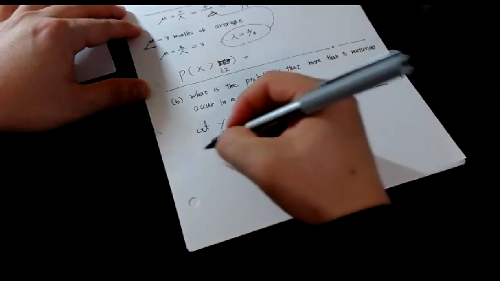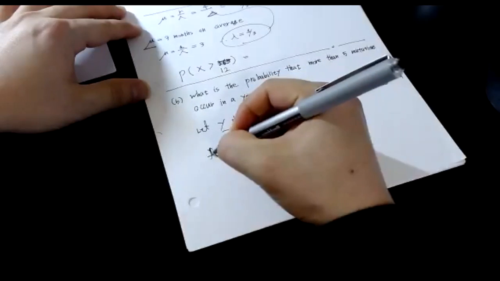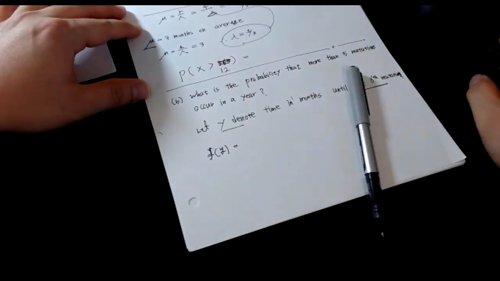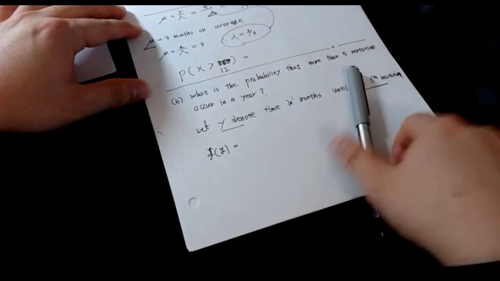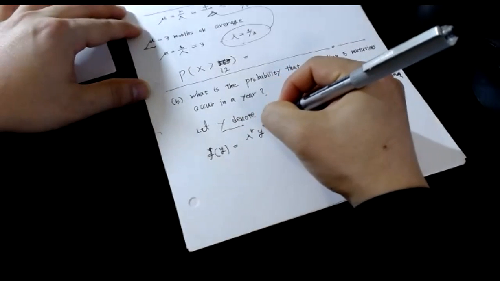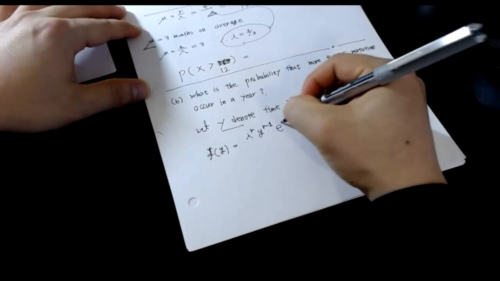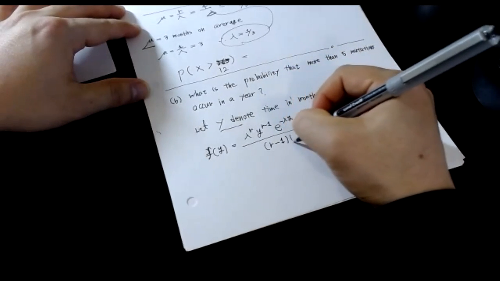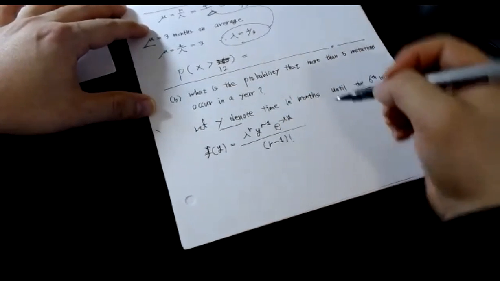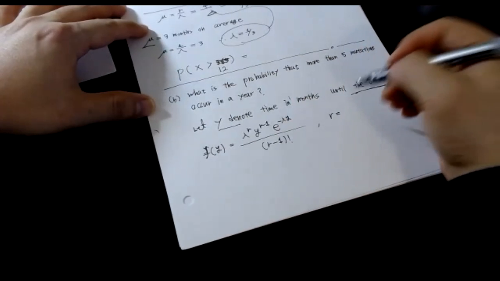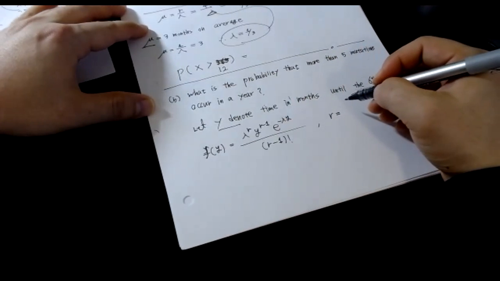So now f of y is going to be lambda to the rth power, y to the r minus 1, e to the negative lambda y, over r minus 1 factorial, right? Okay. So now what is r? Here r must be 6.